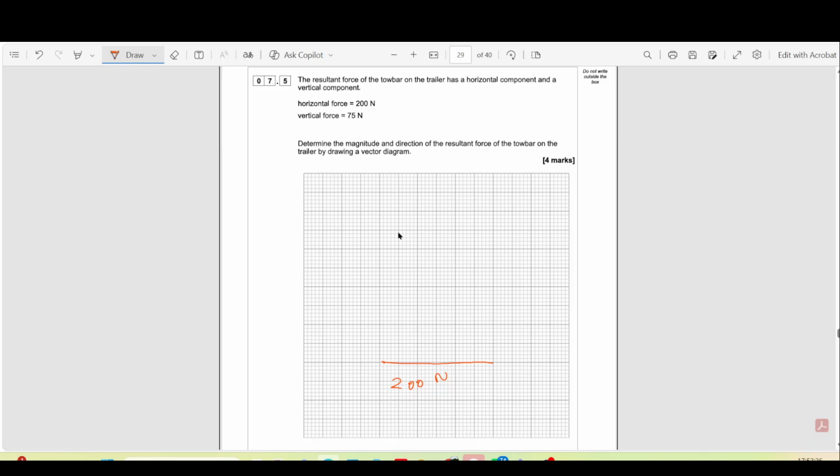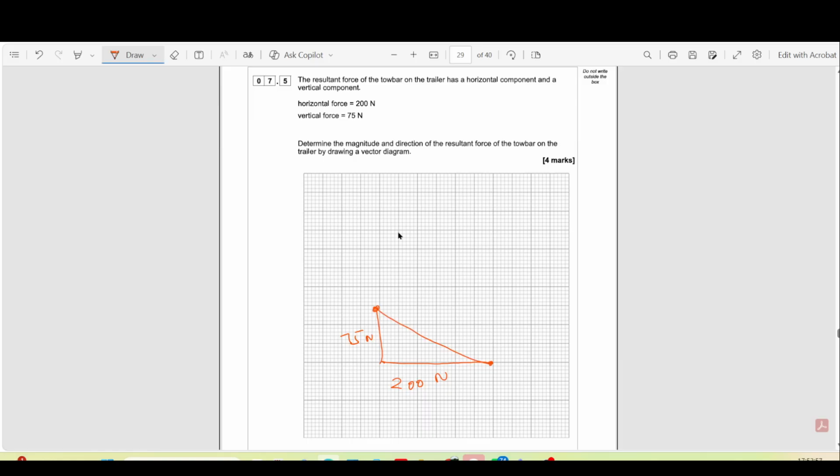To determine the resultant, we need to connect the points where the horizontal vector and vertical vector end.